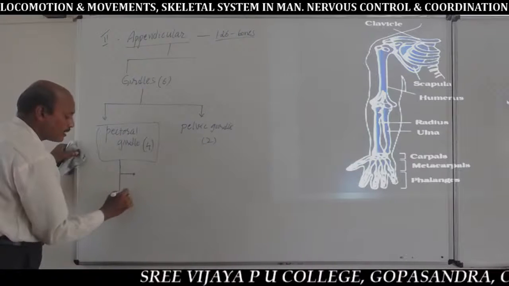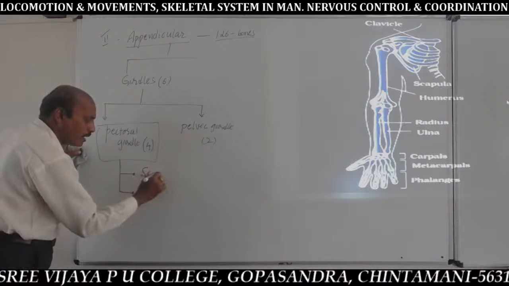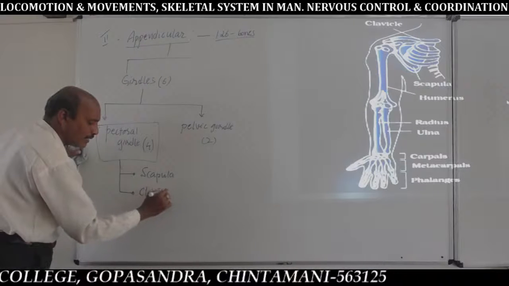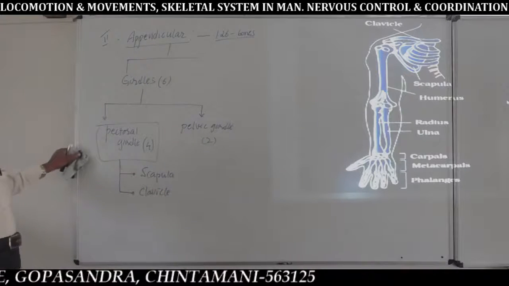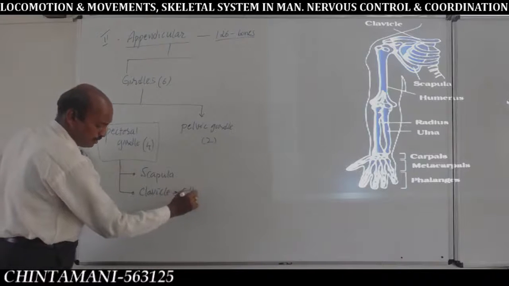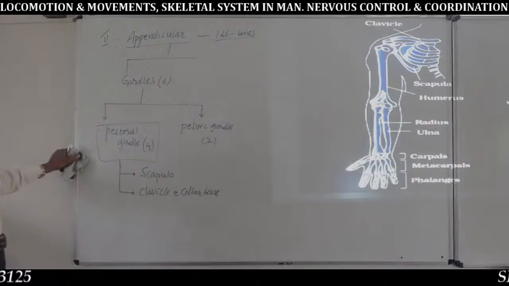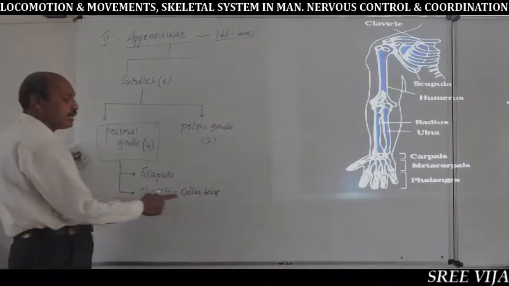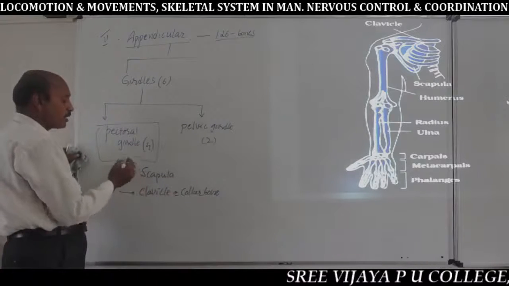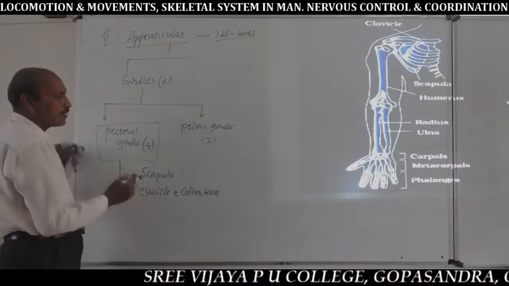Each pectoral girdle includes 2 types of bones: the scapula and the clavicle. The clavicle bone is also called the collarbone or beautiful bone. So there are 2 types of pectoral bones, the scapular bone and the clavicle bone.